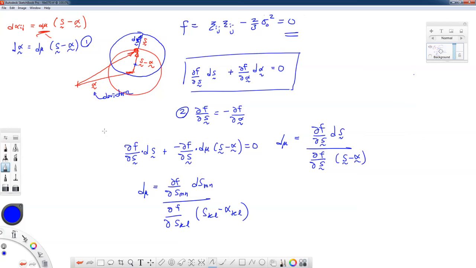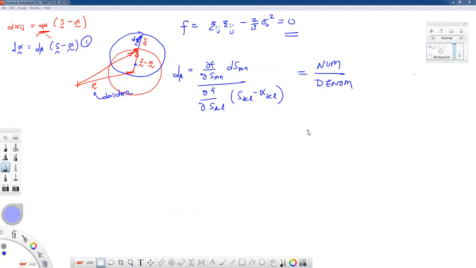And just to be clear, let's go ahead and expand out these terms on the top and the bottom. I'm going to call this the numerator and the denominator. Let's expand those terms out just to have it written down. Like I said, here we don't need a dot product because of the summation notation, but the numerator of this is going to be partial of f with respect to s mn, let's use our numbers.